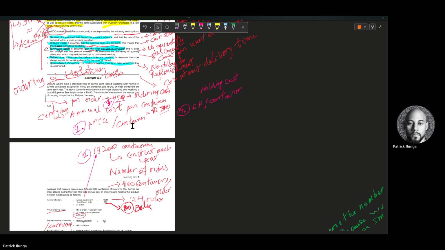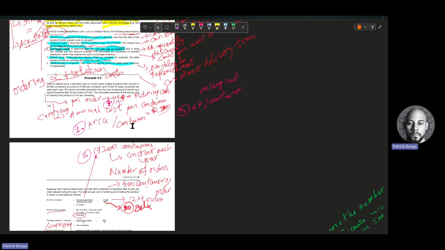Price is 800 rand per container, right? And 19,200 of these containers. So these 50-liter containers, we need 19,200.